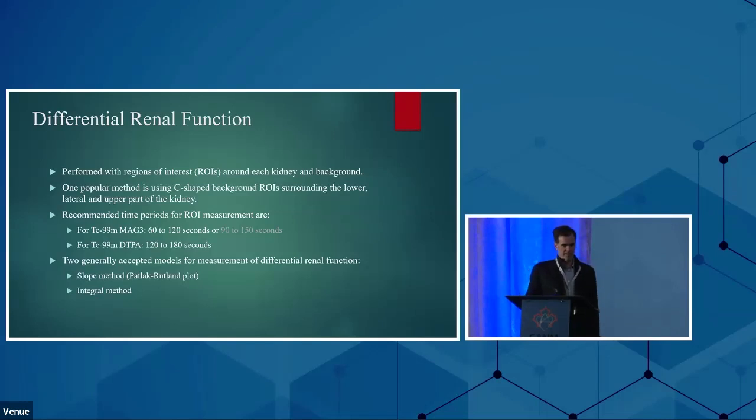For DTPA, they recommend the time for region of interest measurement to be between 2 and 3 minutes, and for MAG3, most use between 1 and 2 minutes after injection. There are two accepted methods for measuring the differential renal function. You could use the maximum slope method, or the integral method, which is the one that we use.